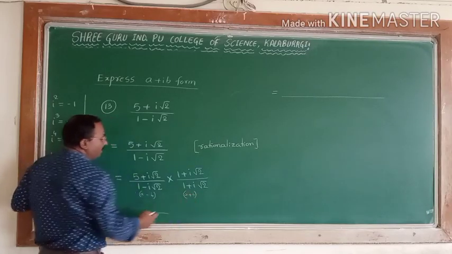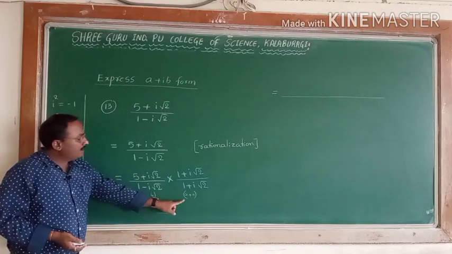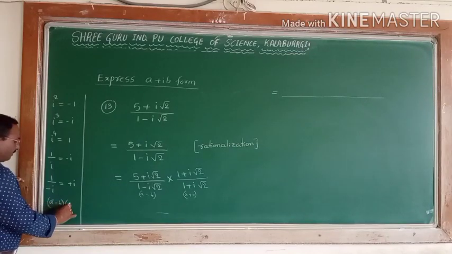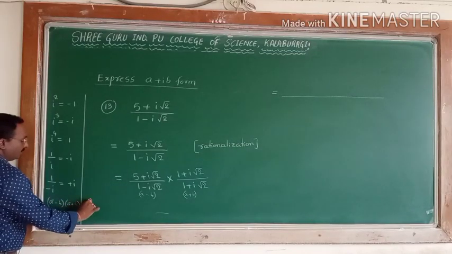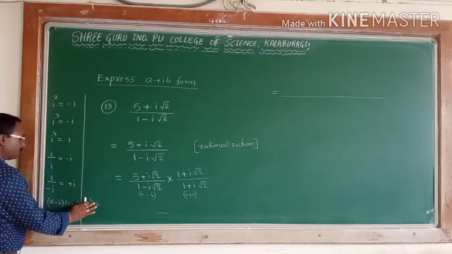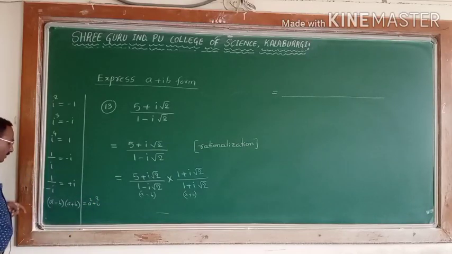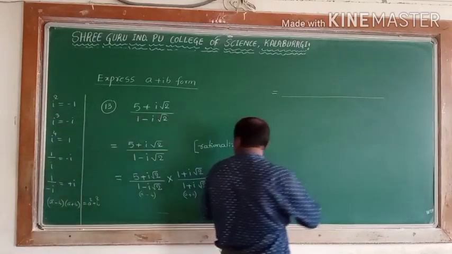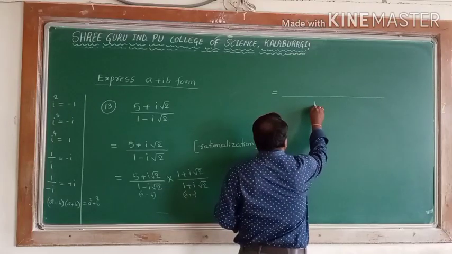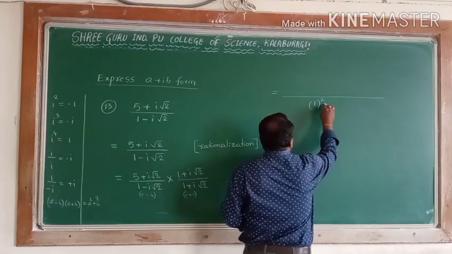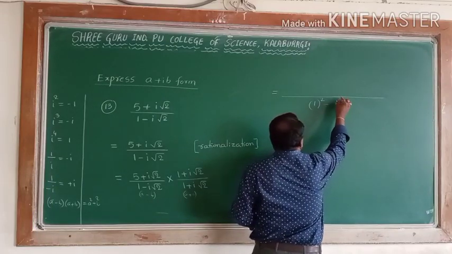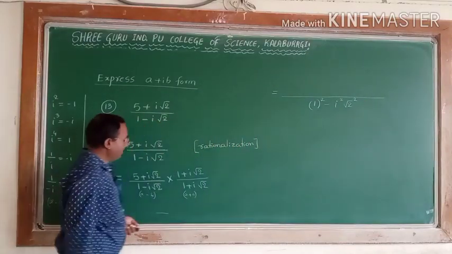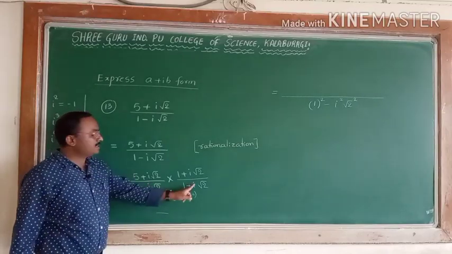The formula is there: a minus b into a plus b is a squared minus b squared. So the denominator is a squared minus b squared. Here a is 1, squared, minus (i root 2) squared.